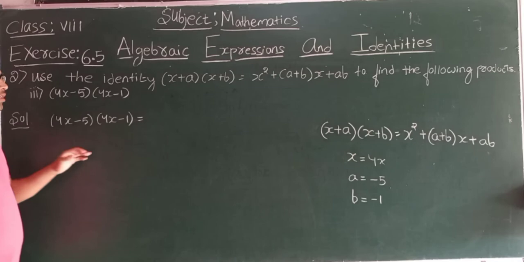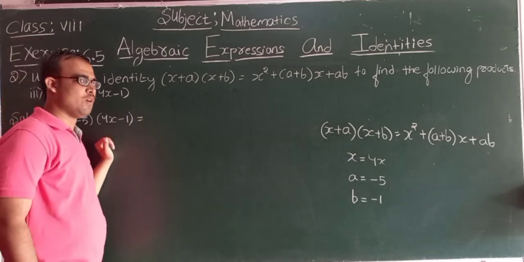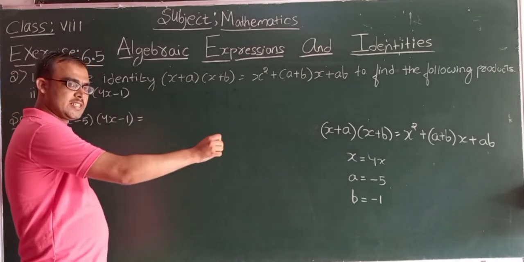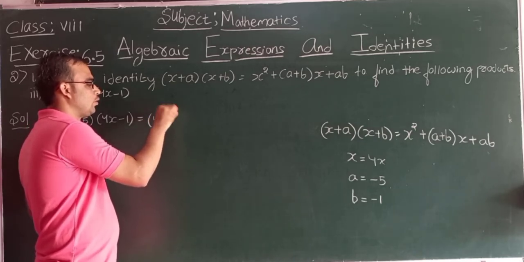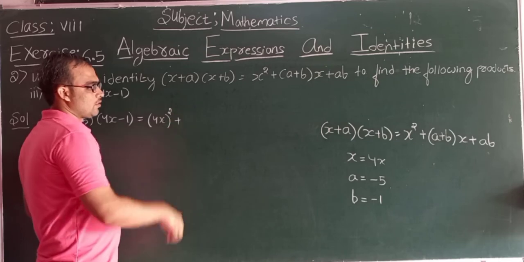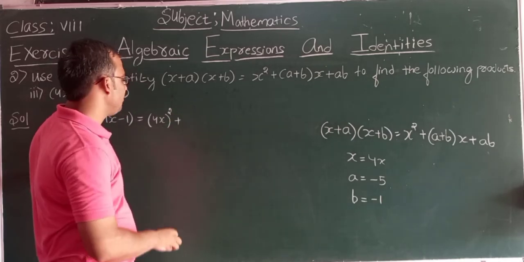Now students, we need to put these values in the formula. x square: what is x? 4x. If x is 4x, then x square is (4x) whole square, plus a plus b.